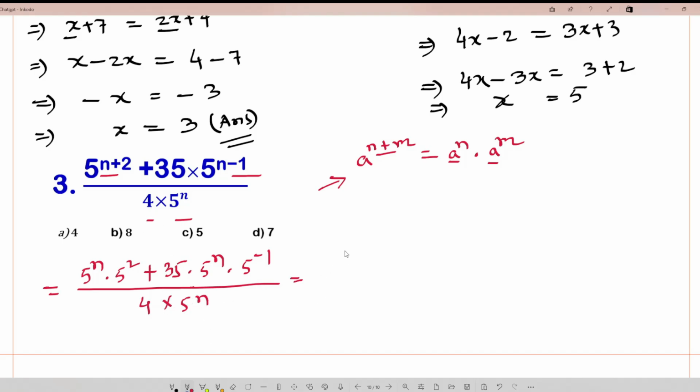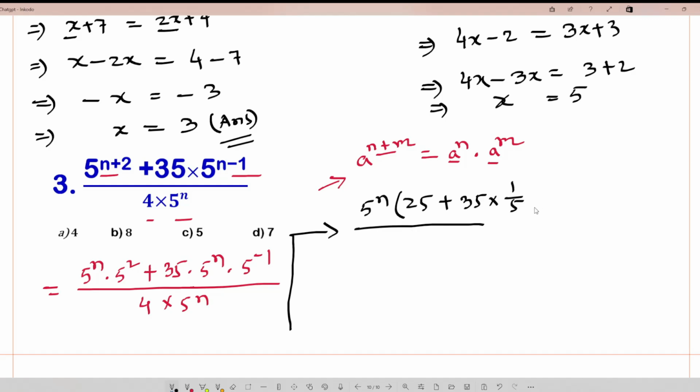So now this one we can write like this. We can take 5 to the power n common. So here is 5 squared, it means 25, plus here is 35. Look, 35 times 5 to the power minus 1, it means 35 times 1 by 5. Now here is 4 times 5 to the power n.